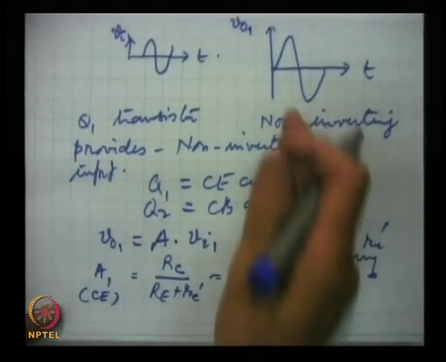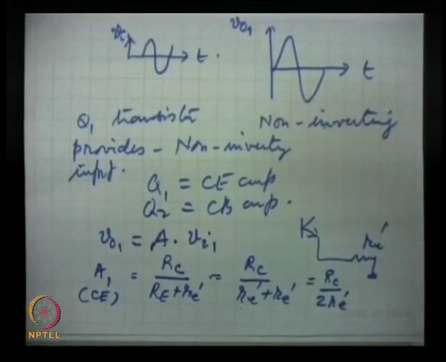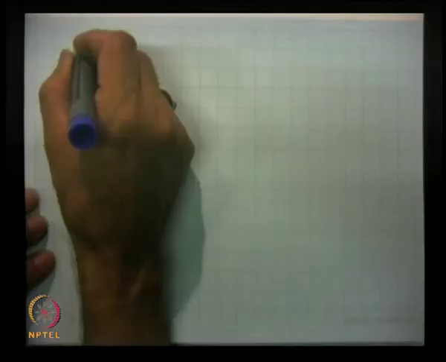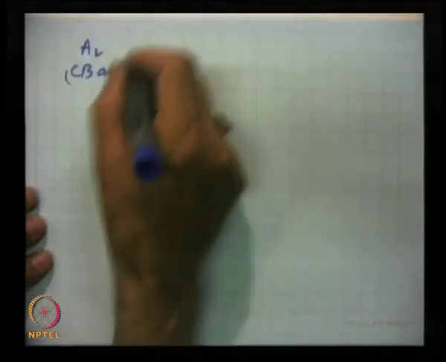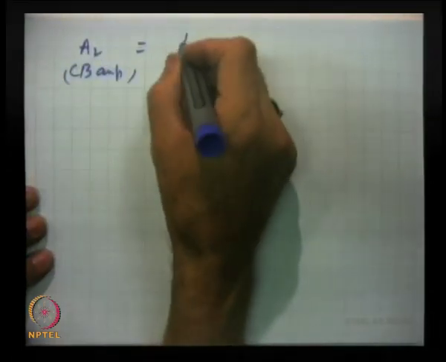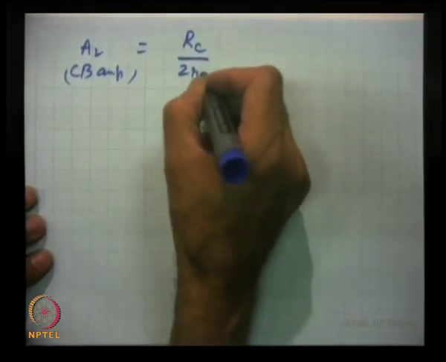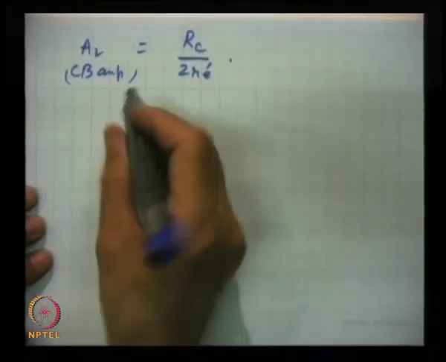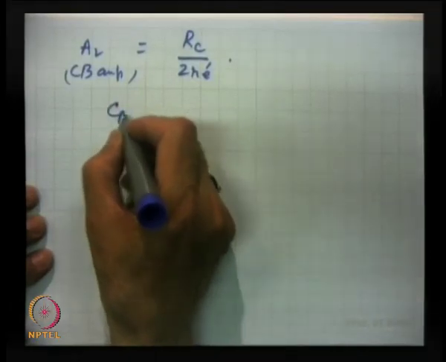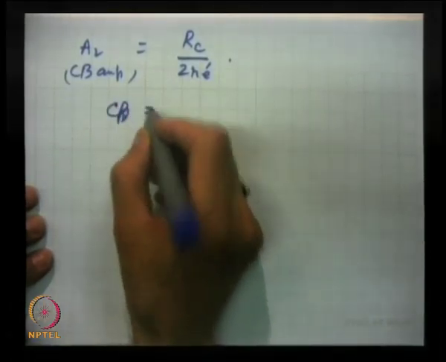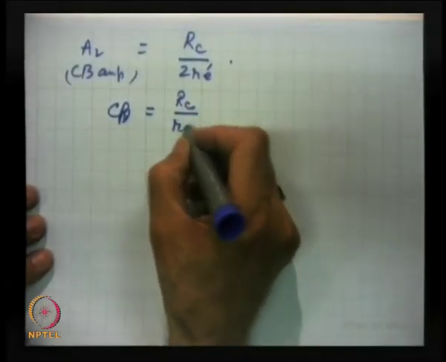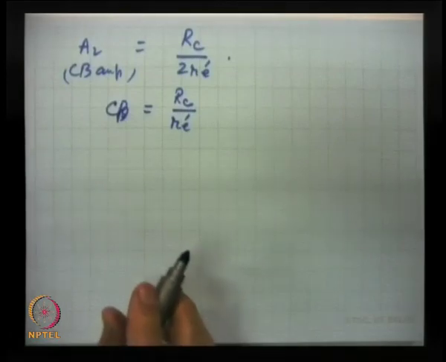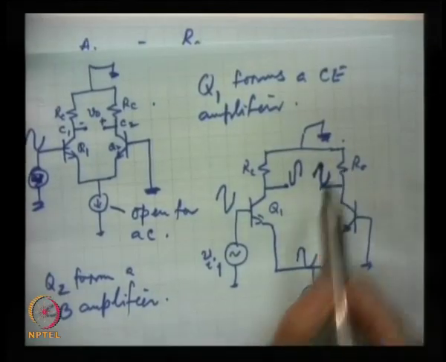Similarly, the voltage gains in CE and CB are identical, and hence A2 for the CB amplifier also comes out to be RC by 2 re prime, because for CB the gain is RC by re prime, but there are two RCs, RC here, RC here.